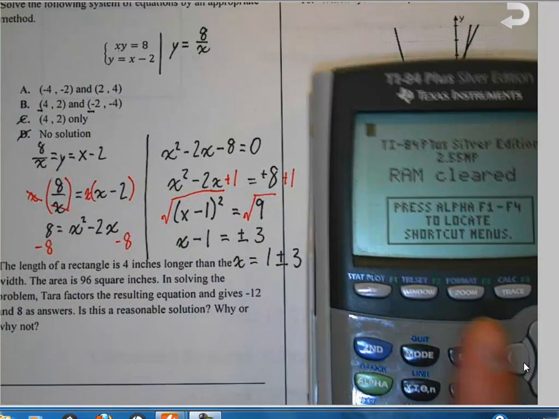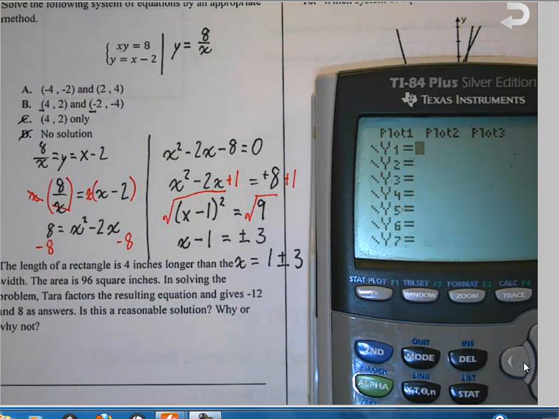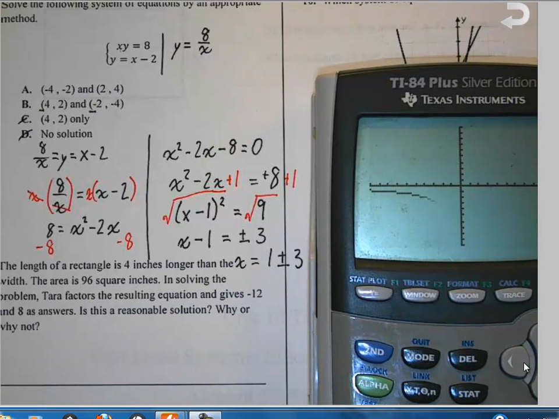to your calculator and you just say, okay, y is 8 divided by x, and y is equal to x minus 2, which you could have done the first time, but I like showing steps. And see, here you have your rational function, and you have your points of intersection.